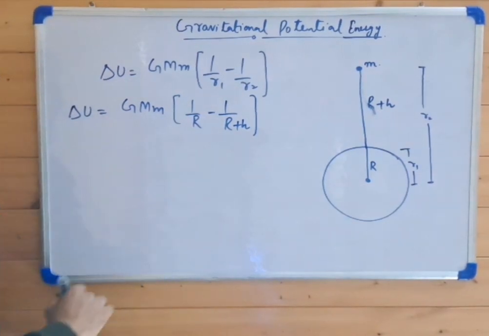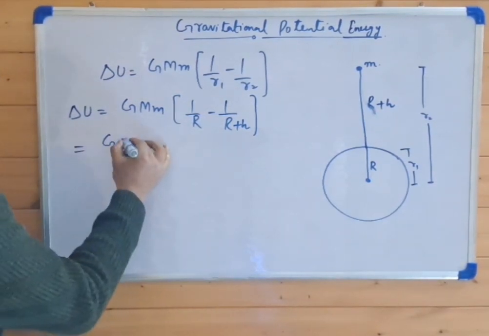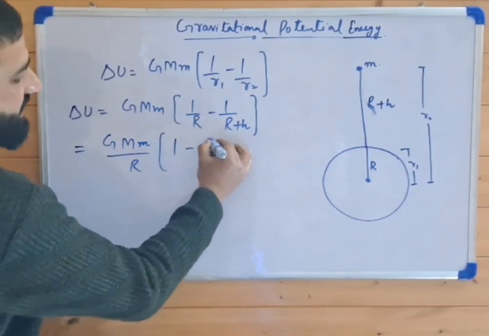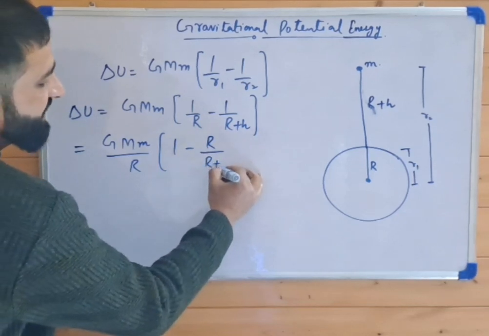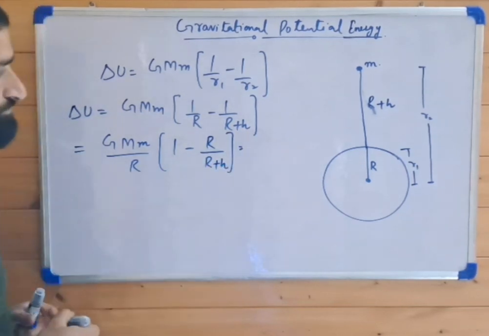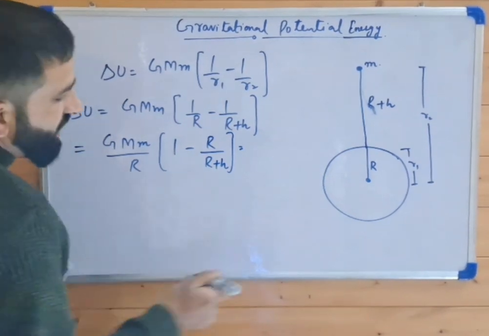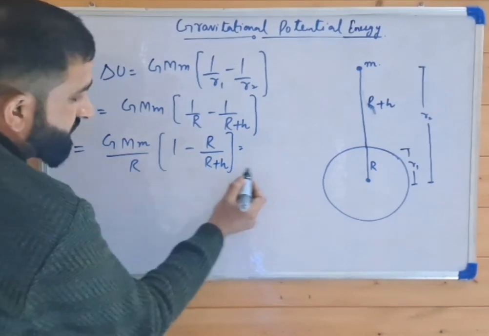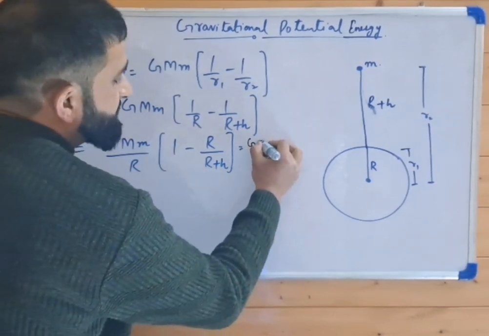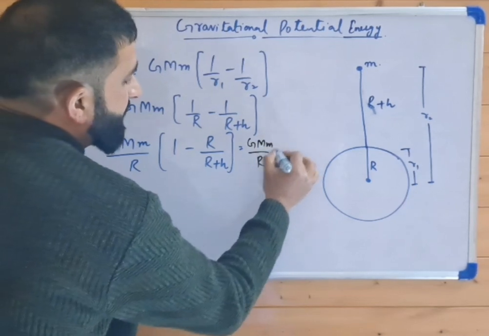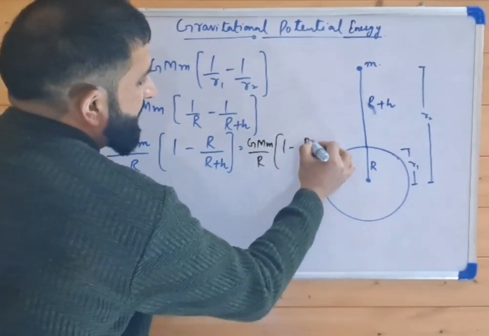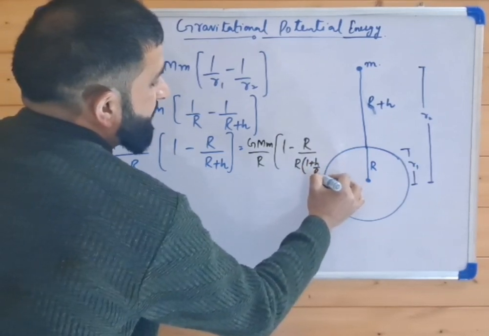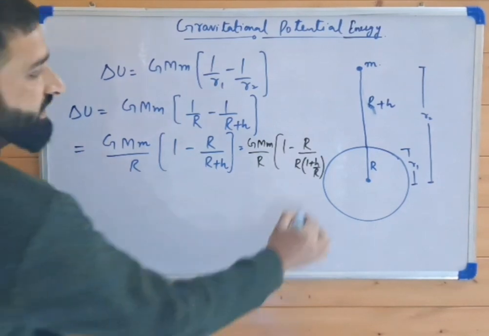Taking 1 by R common, that comes equal to GMm divided by R into 1 minus R divided by R plus h. Now, if we take R common in the denominator from the term R plus h, it becomes equal to GMm divided by R into 1 minus R divided by R into 1 plus h by R. Simple calculation.